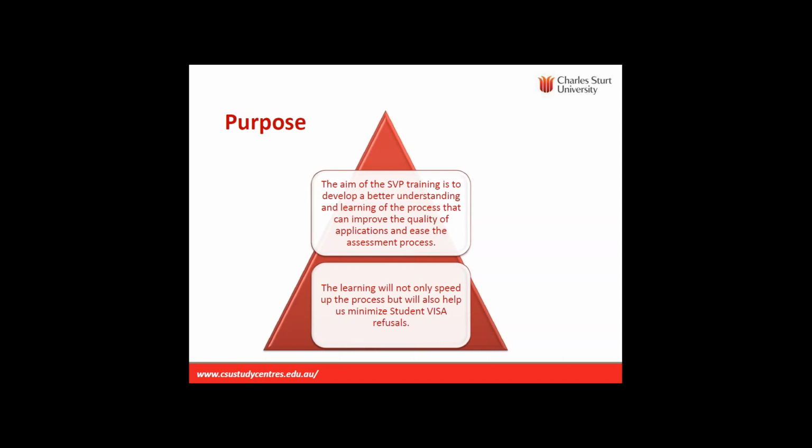My goal is to develop your understanding, to make sure you refresh your knowledge, to make sure you understand which documents, which forms we need to submit at once, and get timely responses and be successful with the assessment process with our CSU team.